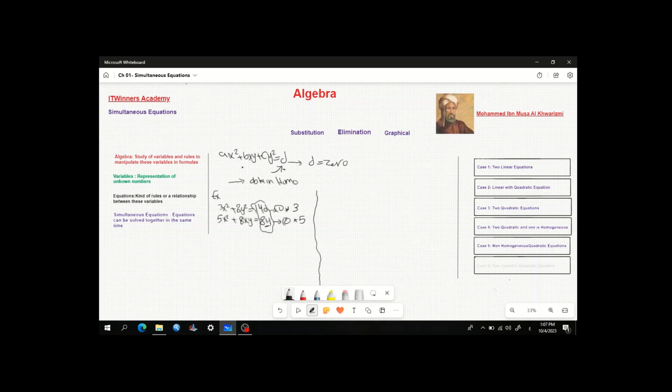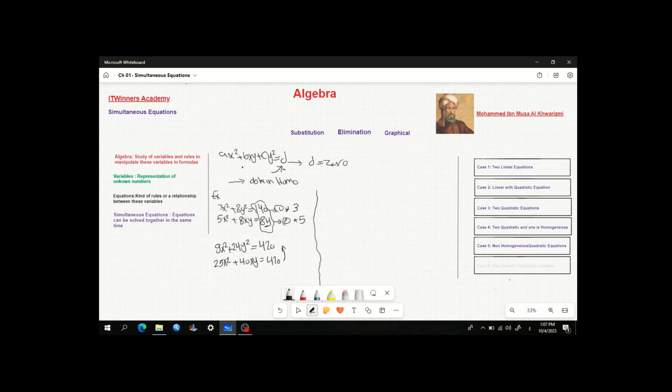Let's rewrite that: 9x squared plus 24y squared equal to 420, and 25x squared plus 40xy equal to 420. So I can now subtract one from the other.